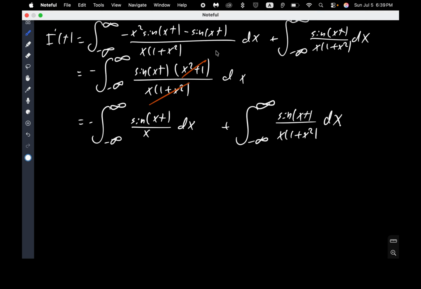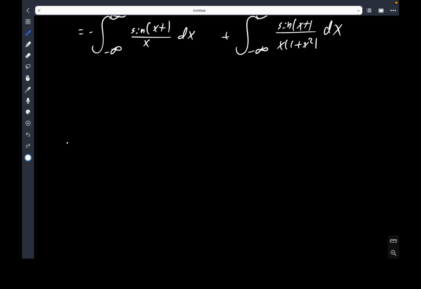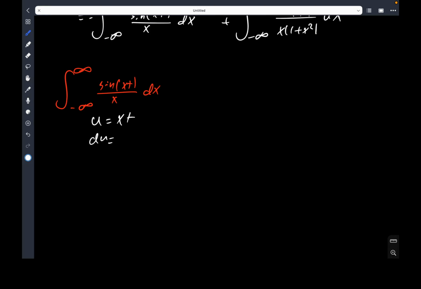So first I'm going to work on this integral here, the integral from negative infinity to infinity of sine of xt over x dx. What is that? Well, for that, I'm going to let u be equal to xt. Therefore, du is t dx, and dx is du t to the negative 1. x equals u t to the negative 1.